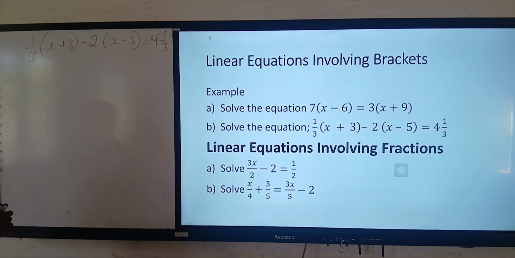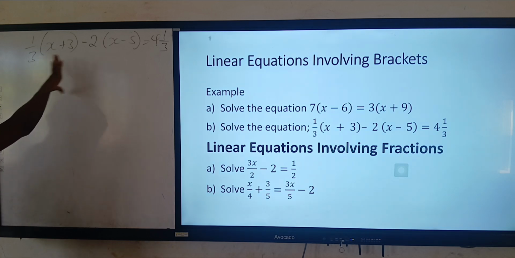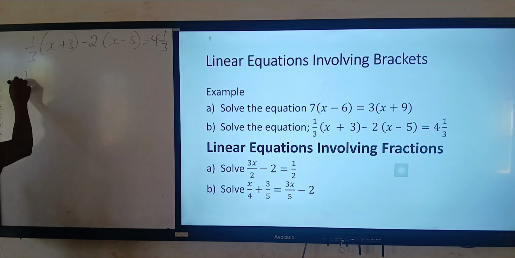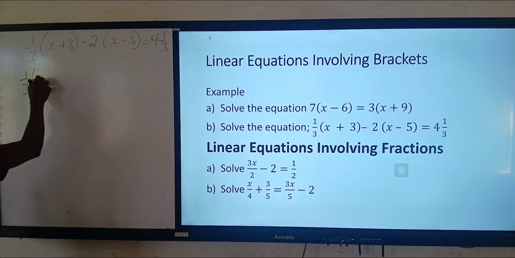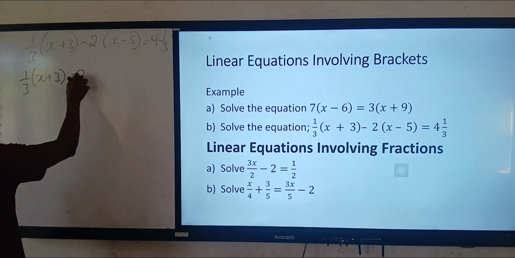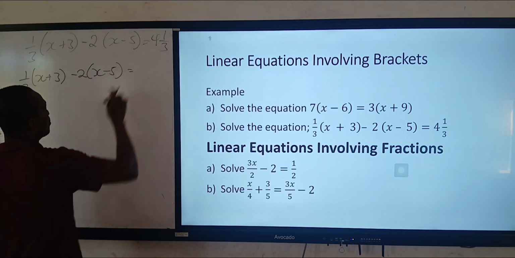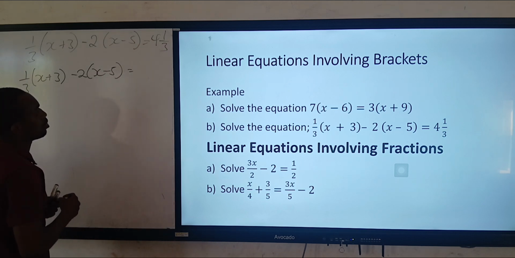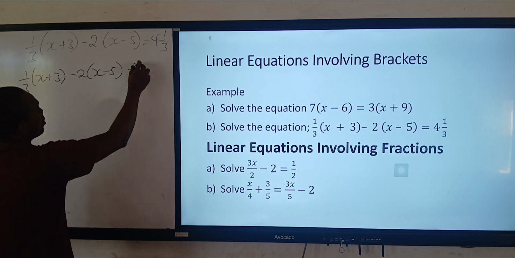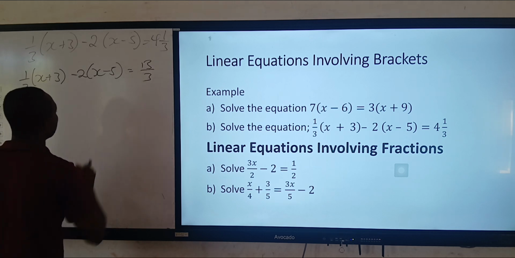So you change the mixed fraction to an improper fraction. So 3 times 4 gives us 12, plus 1, so 13 on 3.